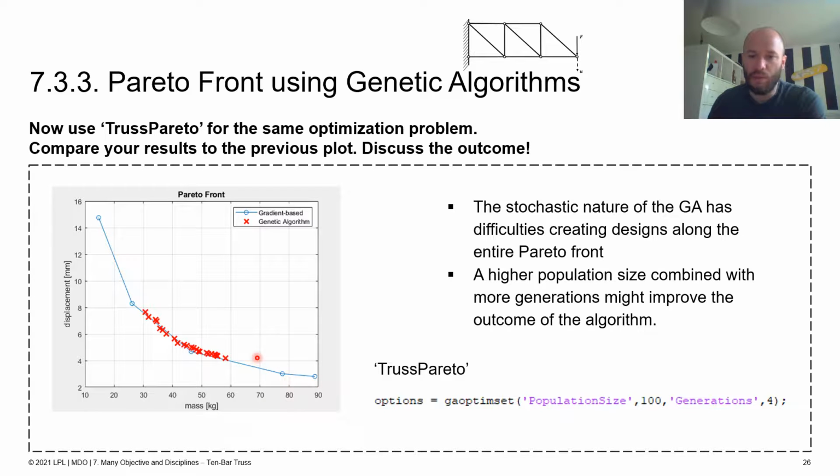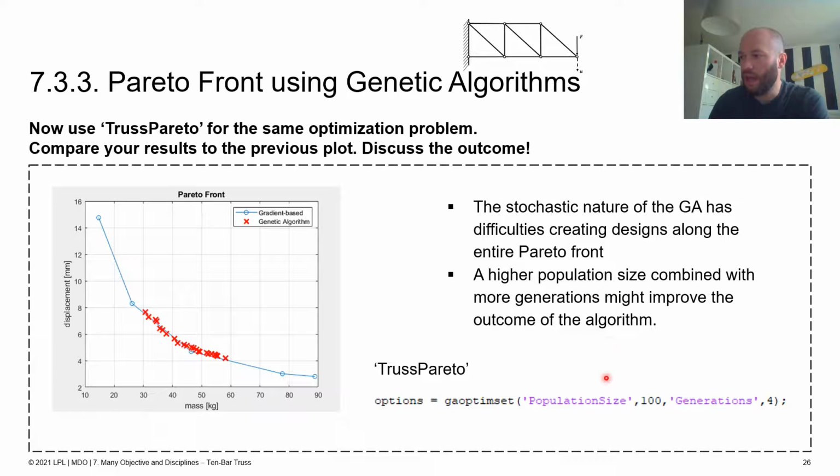But we also see one problem: the genetic algorithm is not capable of giving us designs along the whole Pareto front, but only in a certain range. This is just due to the genetic algorithm being a heuristic algorithm, and if a result is not satisfactory, then you need to change some settings.